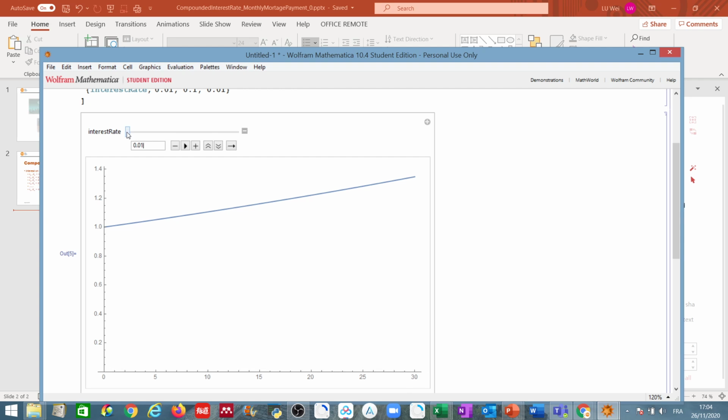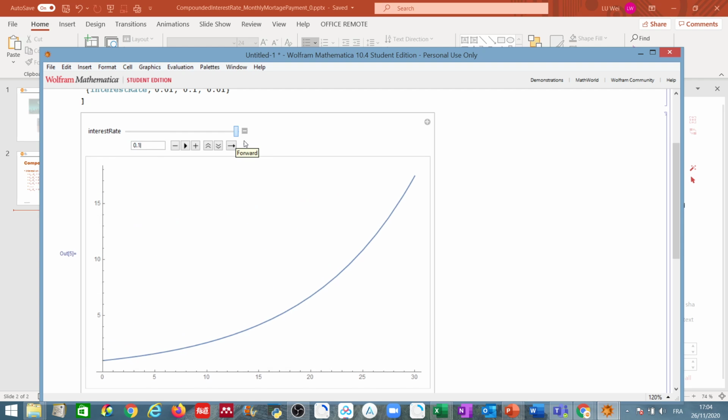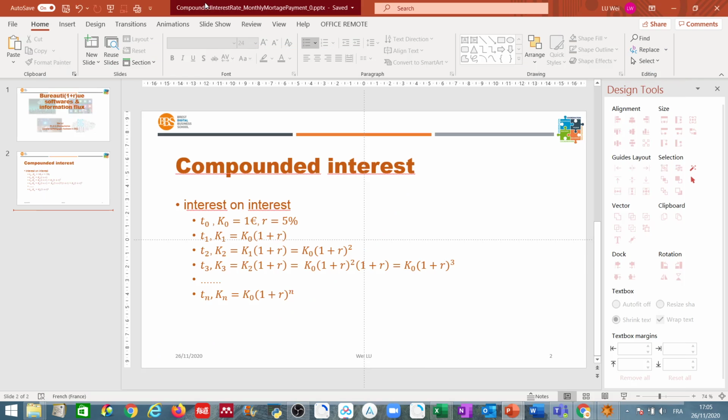So it's very, very sensitive to the interest rate, because the interest of this period becomes the capital of the next period. That is called compounded interest, compounded increase, or exponential increase, like this.